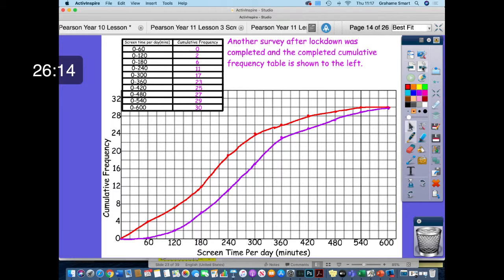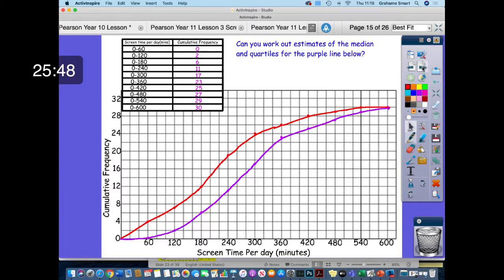But if you look at what's actually happened here, it's moved to the right-hand side of the red curve. And if you think about it, that makes perfect sense because people are spending more time on their phone post-lockdown than they were before the lockdown, and that's what this graph is showing. But was that what you were expecting? And that's what I'm asking you to think about in the previous question.